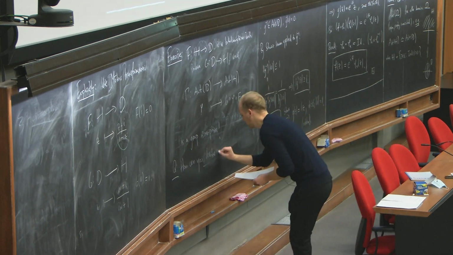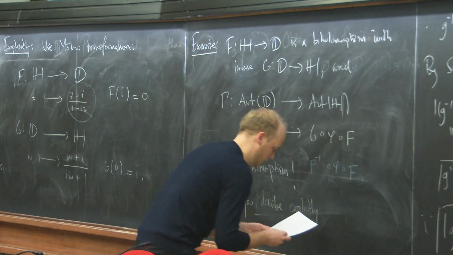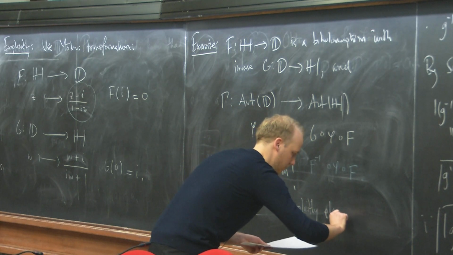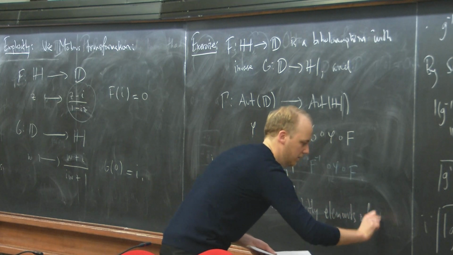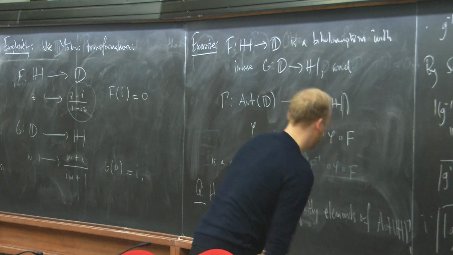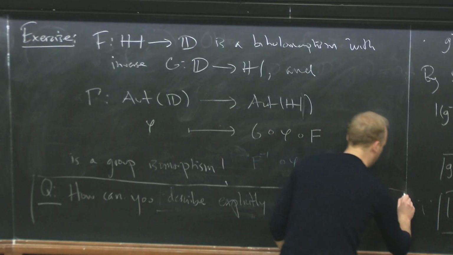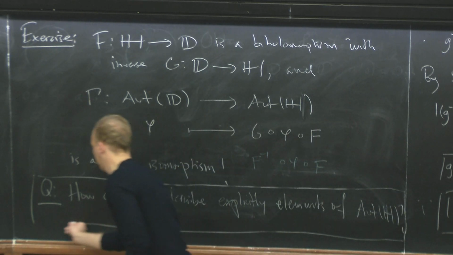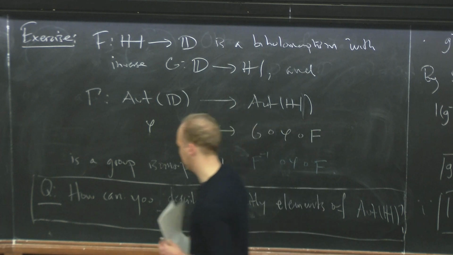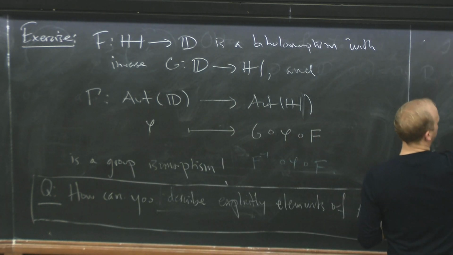So how can you describe explicitly elements of the automorphism group of H? This would be a nice question to try and answer, as a sort of homework.